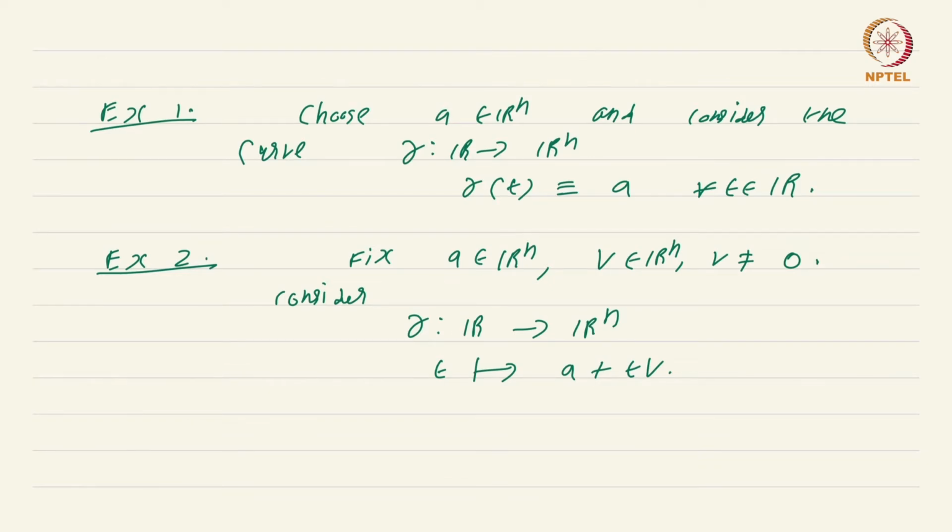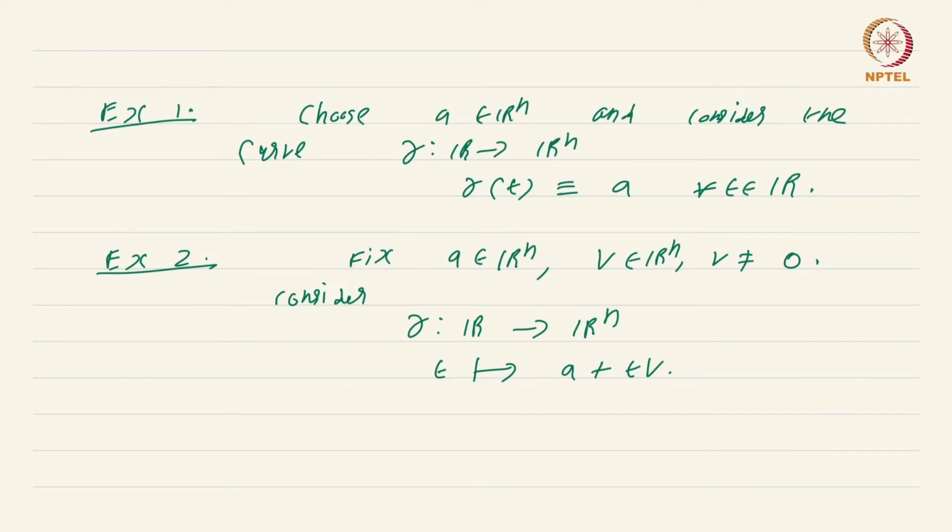Now, needless to say, in the first example as well as the second example, these are simple. The first example is not a simple curve. The second example is going to be a simple curve, and both example 1 and example 2, they are actually C infinity smooth curves.